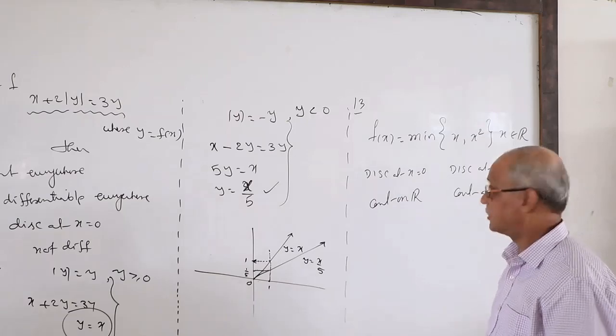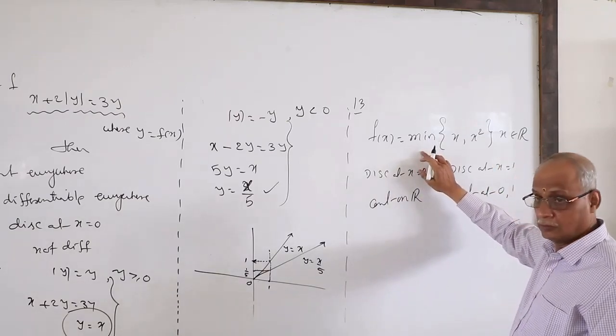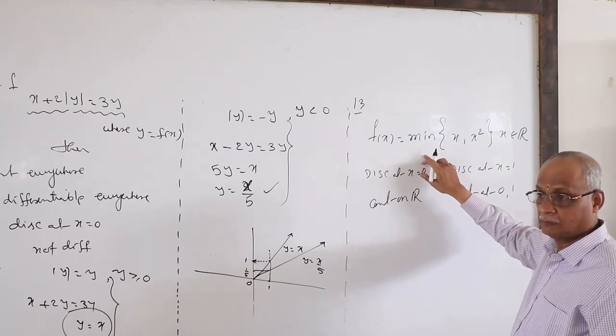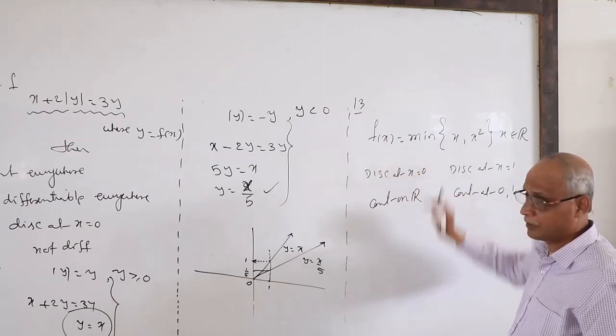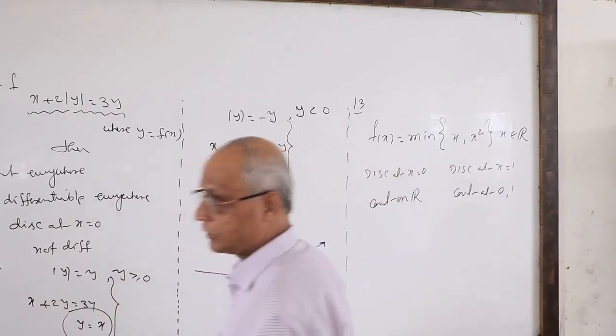First, such a type of problem is not only for minimum, even for maximum also. Very important problem for mains. Okay? Very important. Later also we are getting this problem.